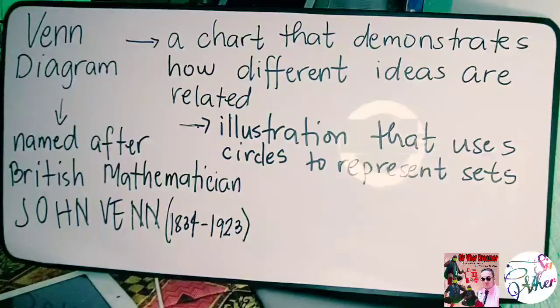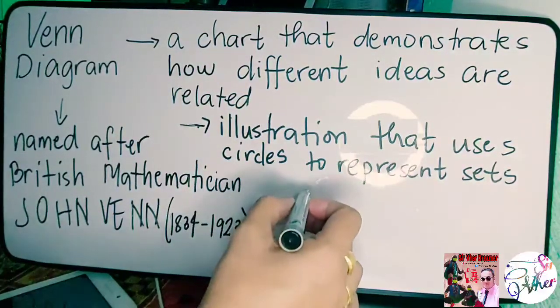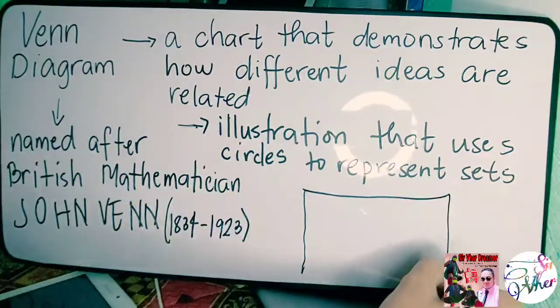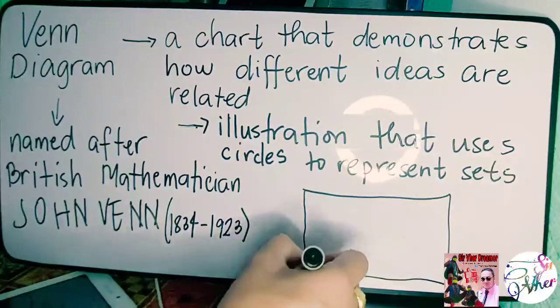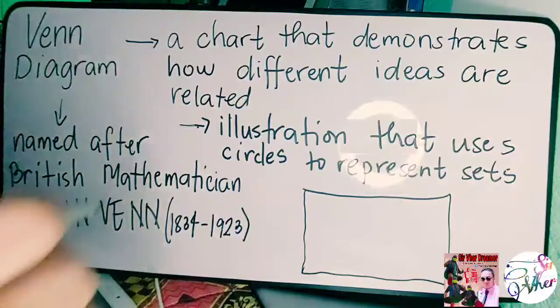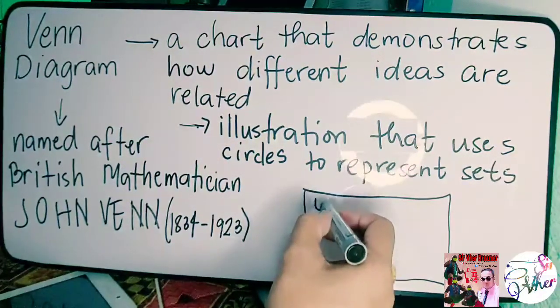Okay, so let us illustrate what a Venn diagram is so you can become familiar with it. For example, let's have this rectangle. As the definition says, a Venn diagram is an illustration that uses circles to represent sets. For example, this is the universal set.